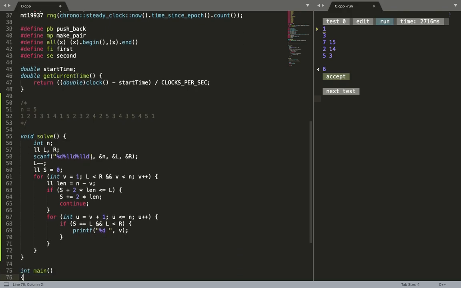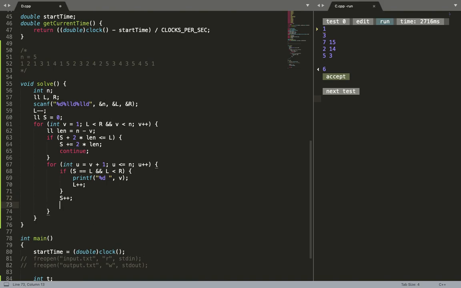So the next pair will be VU. If we have to print it, then print V and increase L, increase S in any case, and do the same, but now print U.